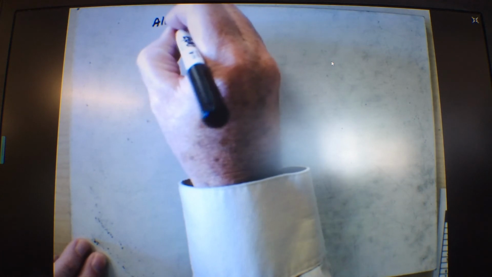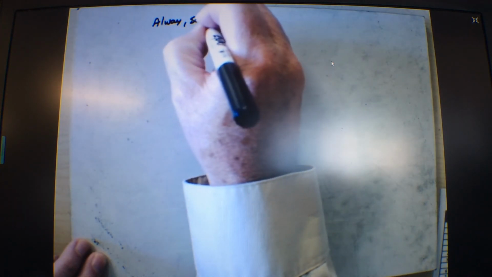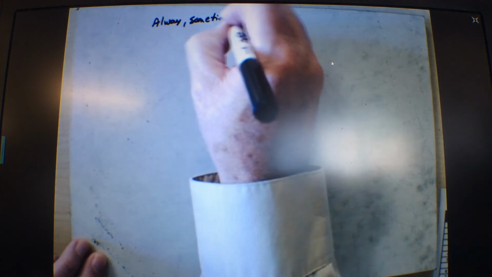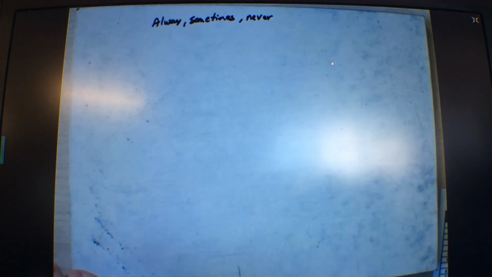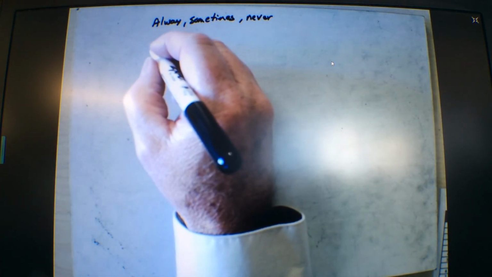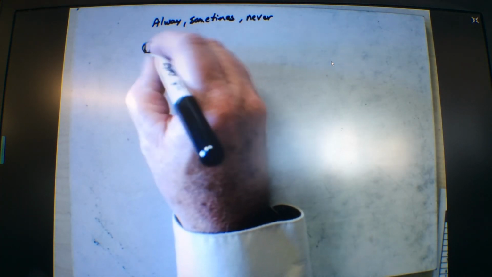Alright. The last couple questions are always, sometimes, never questions. So you have a 33 1/3% chance of getting them right. What number am I on? 18.